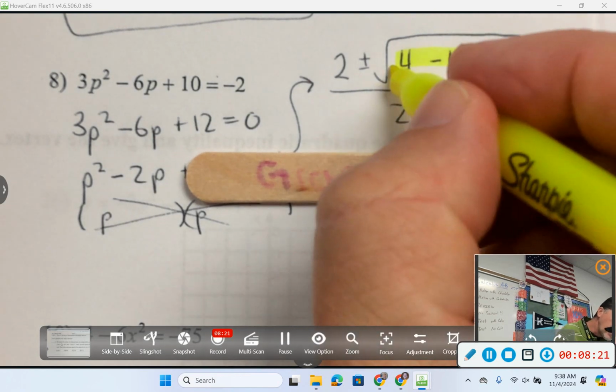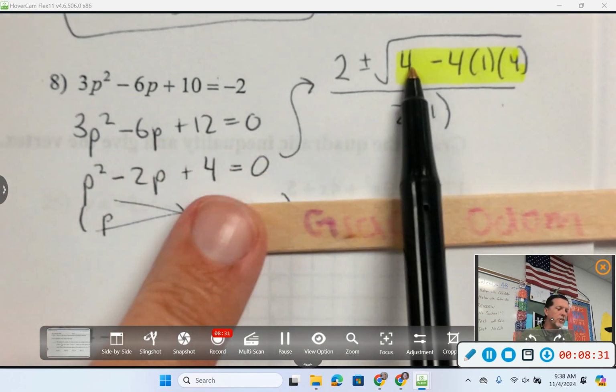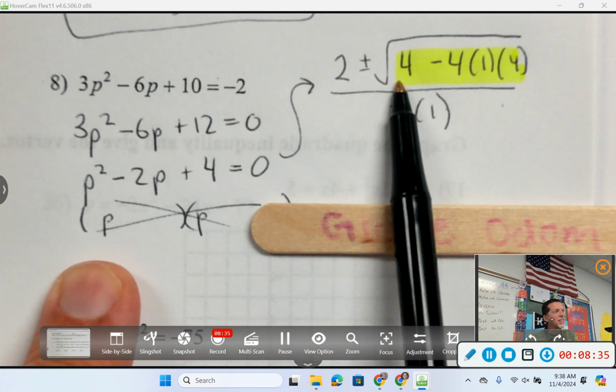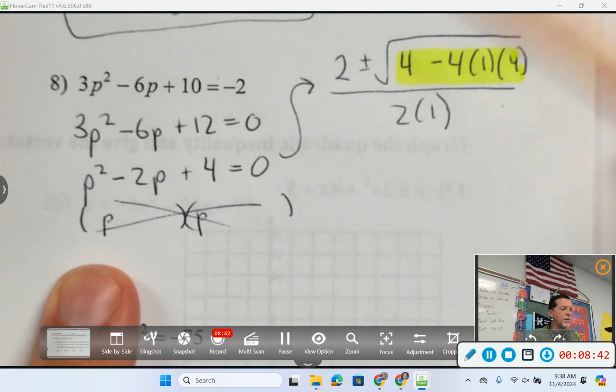Here's our discriminant. What'd you say? 4 minus 16? Oh, I see what you're saying, if you squared that, then yes, but I already squared the 2 when I wrote that down. So 4 minus 16, negative. What does that mean?